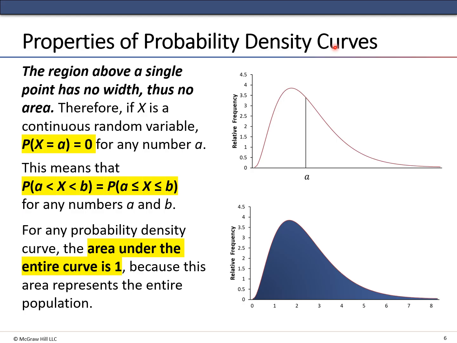This all works from the idea that the area under the entire probability density curve is equal to 1. So really what we're doing is taking a proportion of the curve and using it like a percent value. So 20% between two values would give us a probability of 0.2. It would give us a proportion of 0.2 because 20% of the area is included between those two values.